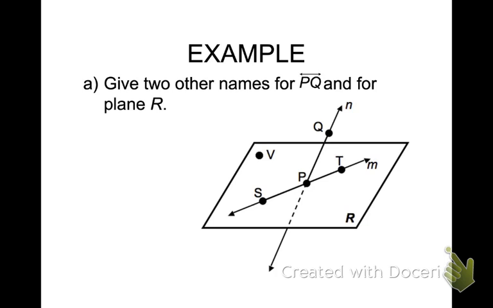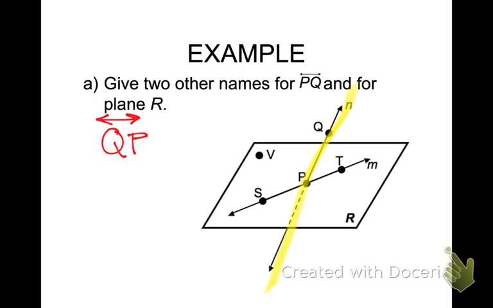So give two other names for line PQ. What's one thing we could do to line PQ? Where is line PQ? Right here? First, I could just flip it, right? Because order doesn't matter. So we could call it line QP. Are there any other points on line PQ?